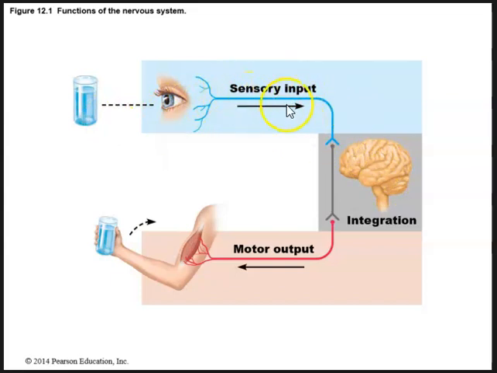So sensory input coming from the eye is then brought to a part of the brain where integration or processing occurs. So this information is processed, and then the brain will basically tell the body what to do. So it will send a motor signal. So the motor output will then go to the effector, which is in this case the skeletal muscle within the arm. So the arm will grab the glass of water and give the person a drink.